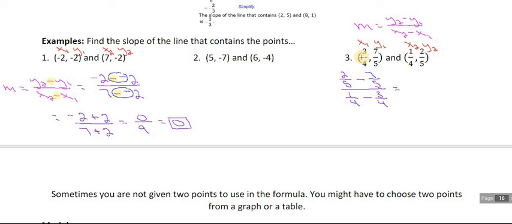Now we're just going to clean up the numerator and denominator separately. So 2/5 minus 7/5, that technically gives me negative 5/5. Over 1/4 minus 3/4, that gives me negative 2/4.